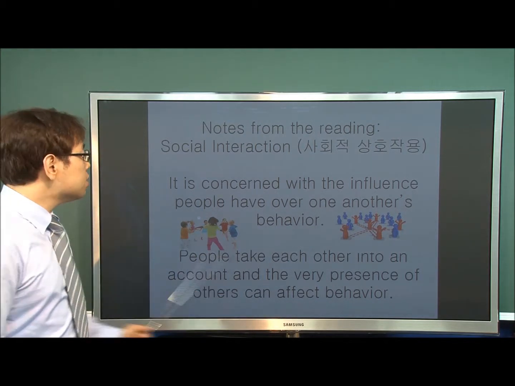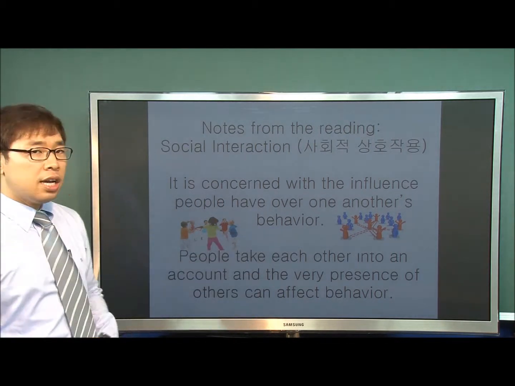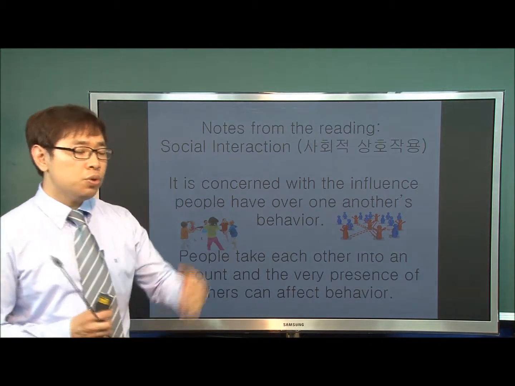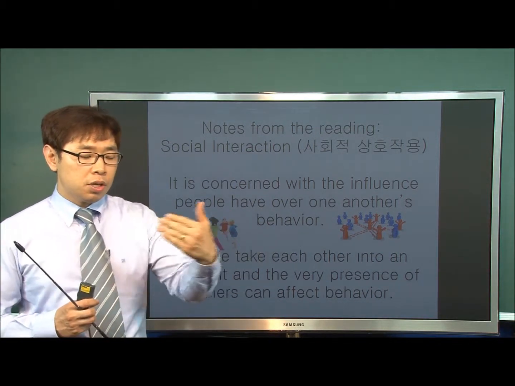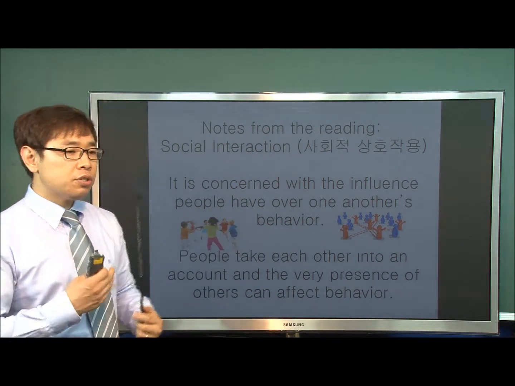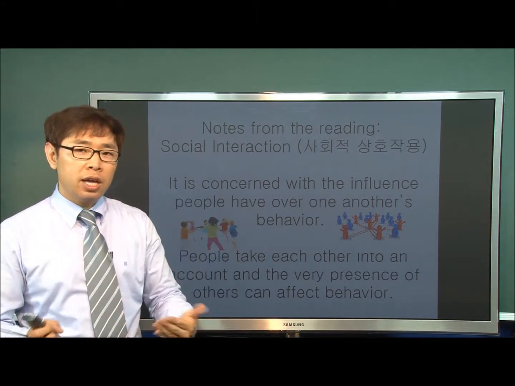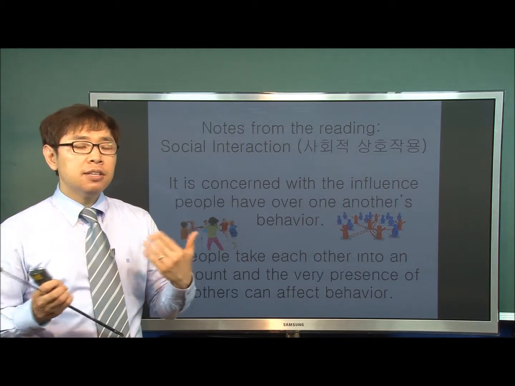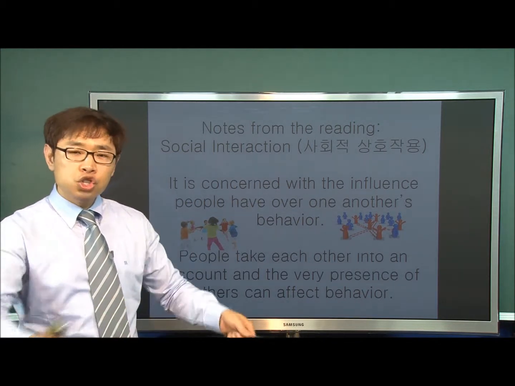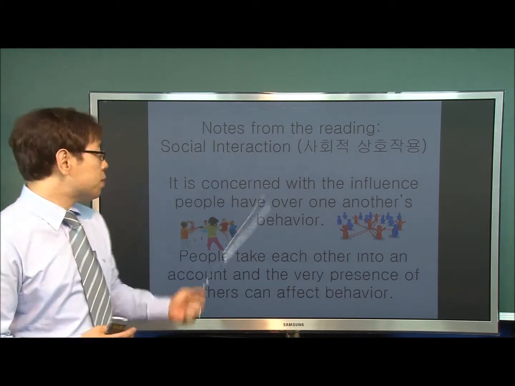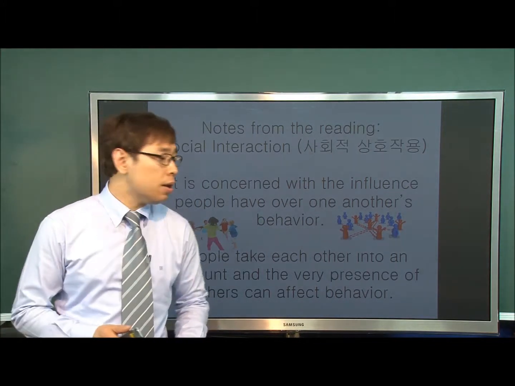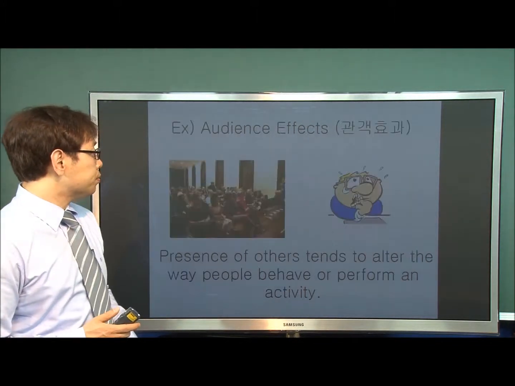So when you meet somebody, when you confront somebody, you talk, act, or behave in a certain way, and it's different based on the conditions that you are in. That's basically what this is talking about.